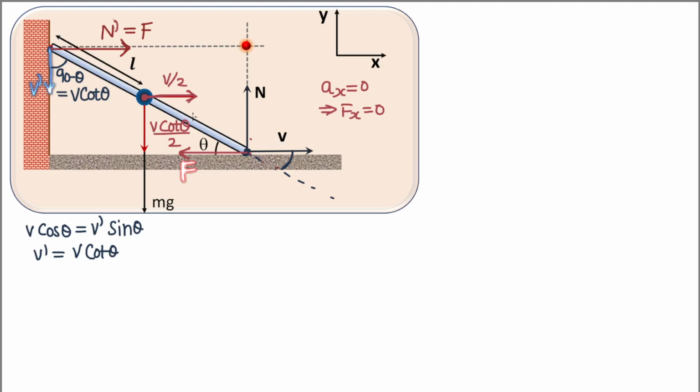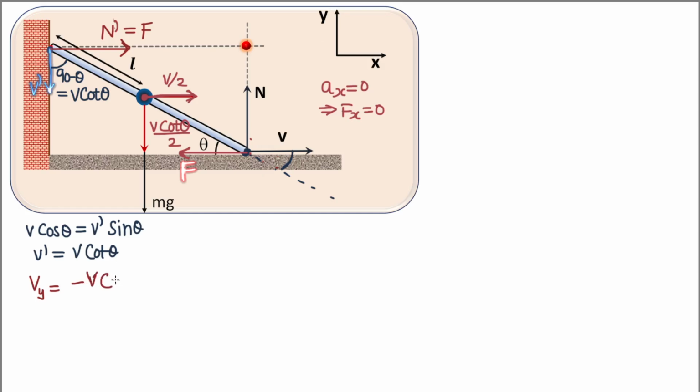Now what? We are left with the acceleration along this y direction, what this acceleration is going to be. And since you can see that the center of mass of the system, or this particle's velocity along the y direction is v cot theta, but if we want to write it correctly, we should write vy as negative of v cot theta by 2, because it is in the downward direction and upward is taken as the positive direction.